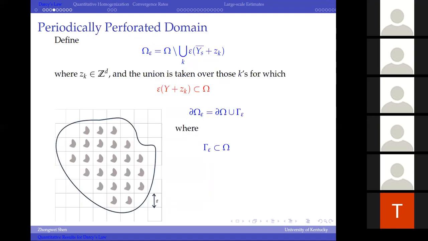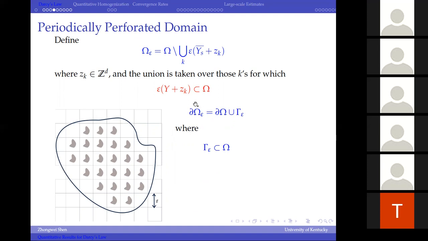And then we're going to construct the domain omega epsilon. So omega is a bounded domain in R^d, and we cover the space by a mesh of size epsilon.